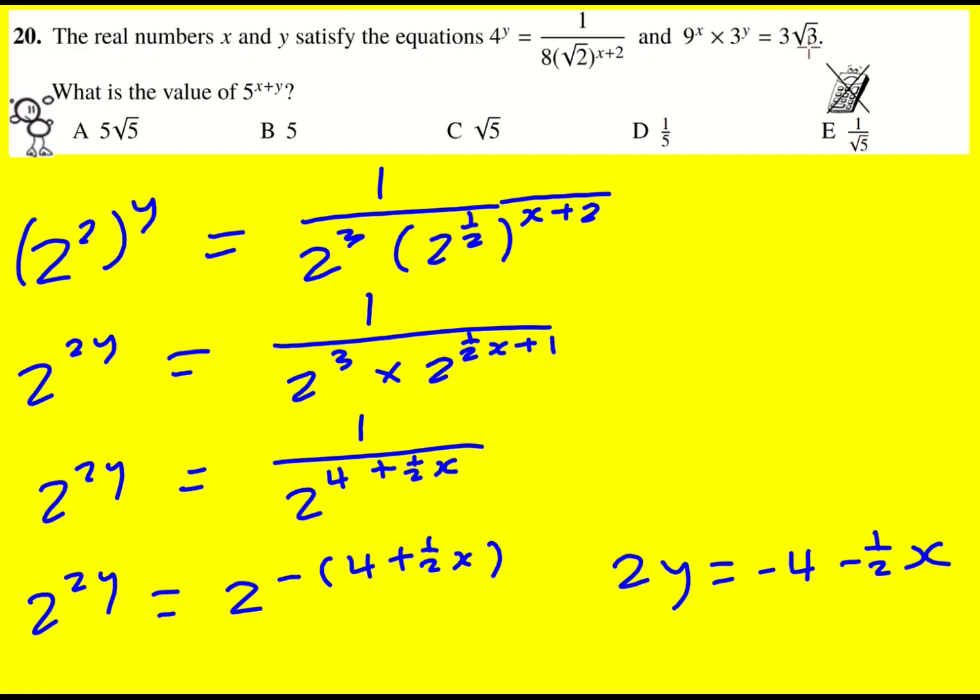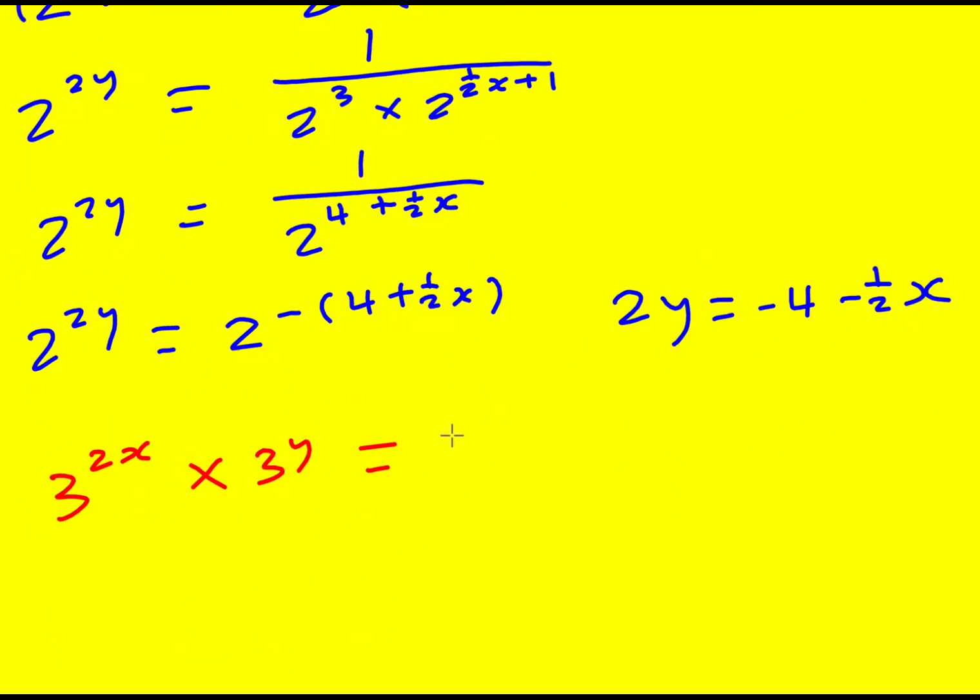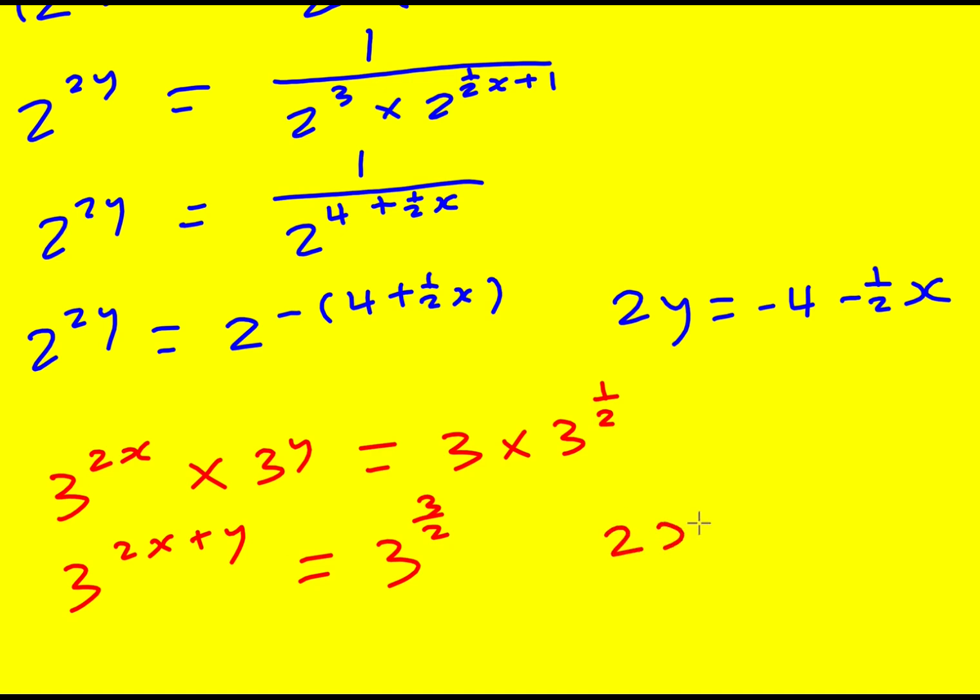And that's going to equal 3 root 3, which is 3 times 3 to the half. So 3 to the 2x plus y is equal to 3 to the 1 plus a half, 3 to the 3 over 2. And from that, we get a second equation, 2x plus y is equal to 3 over 2.